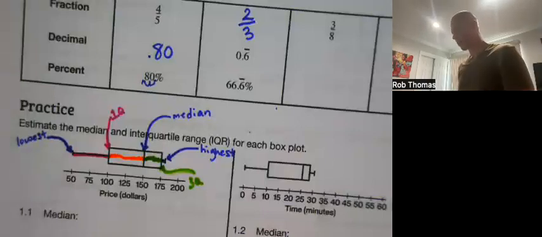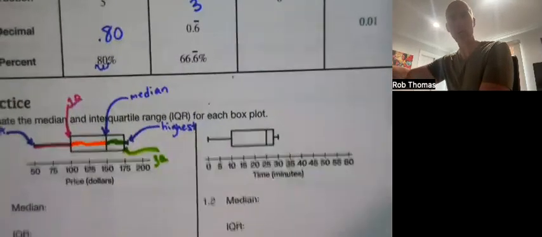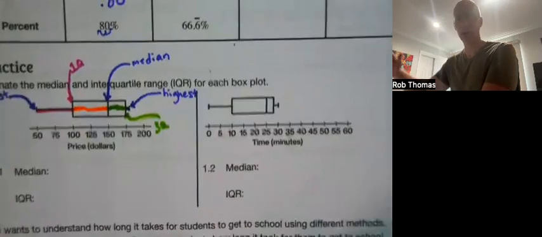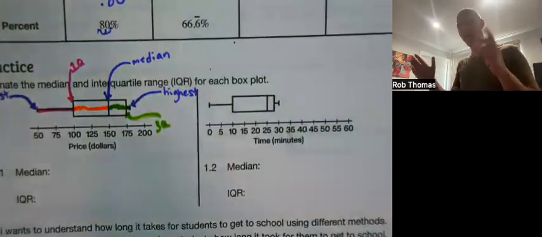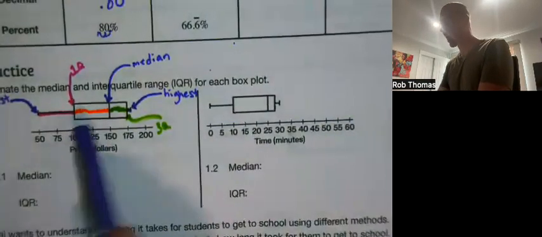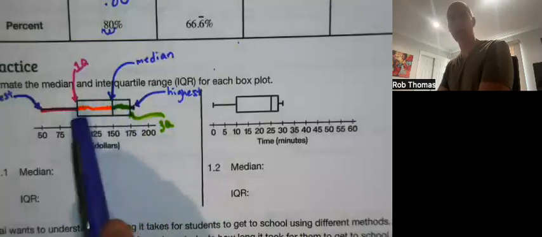All right, and there's one last thing that we call the interquartile range, IQR. That is a measure of how spread out the data in the center of the data set is. They're essentially asking you, how long is this whole box? The whole box, the green and the orange part.